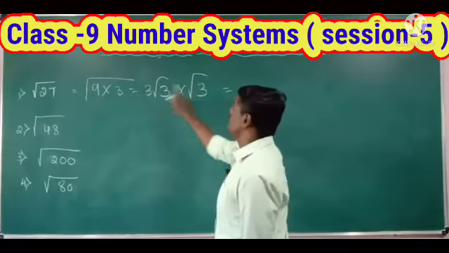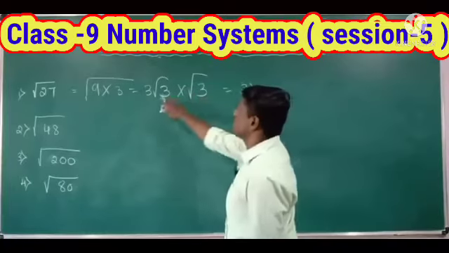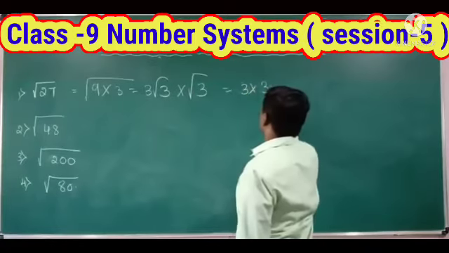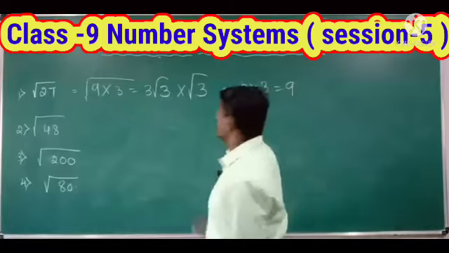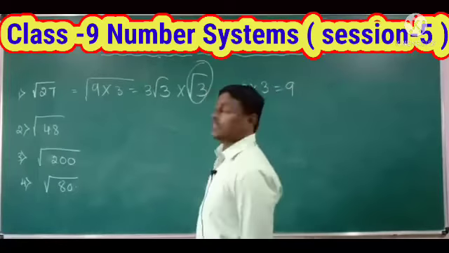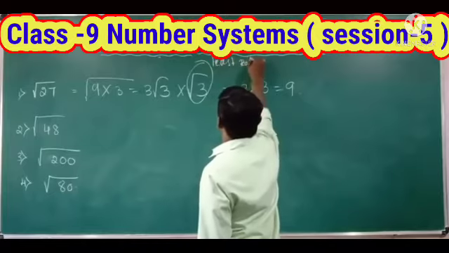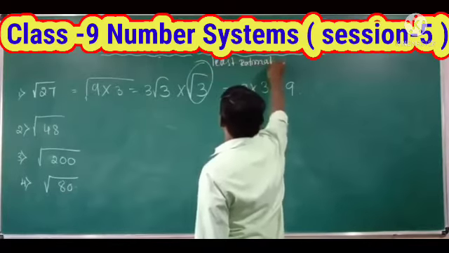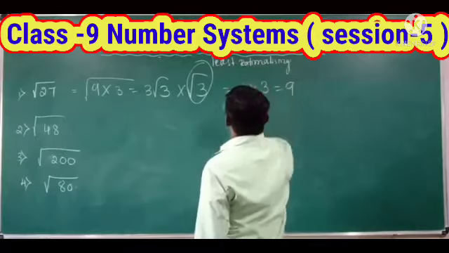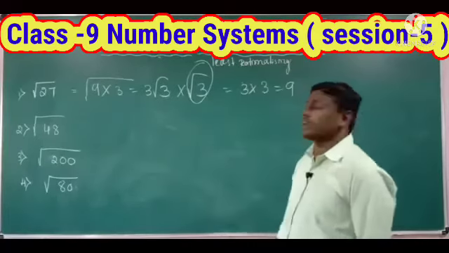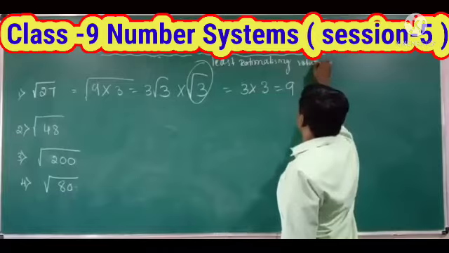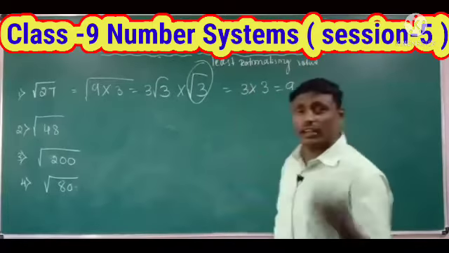So 3 as it is, root 3 into root 3 is 3, which gives 9. Here root 3 is called the least rationalizing factor.